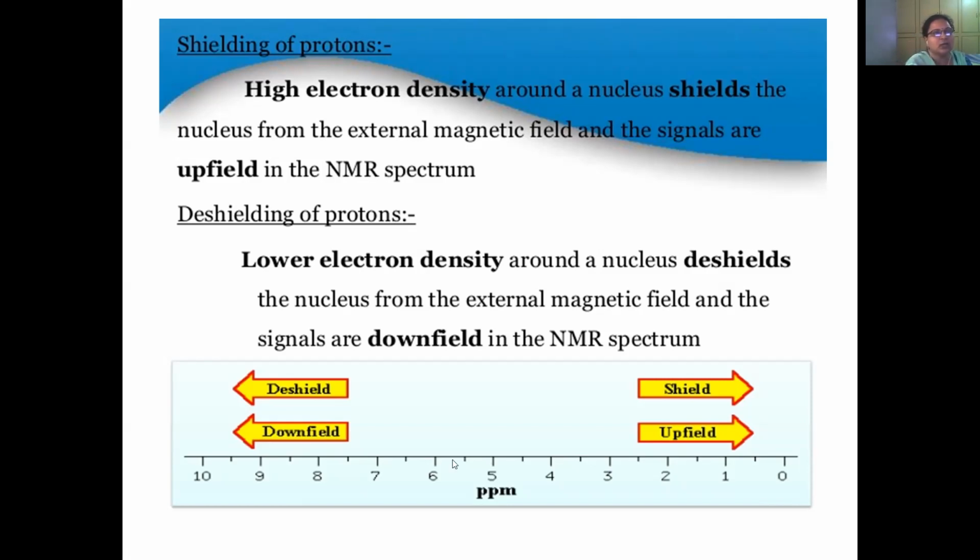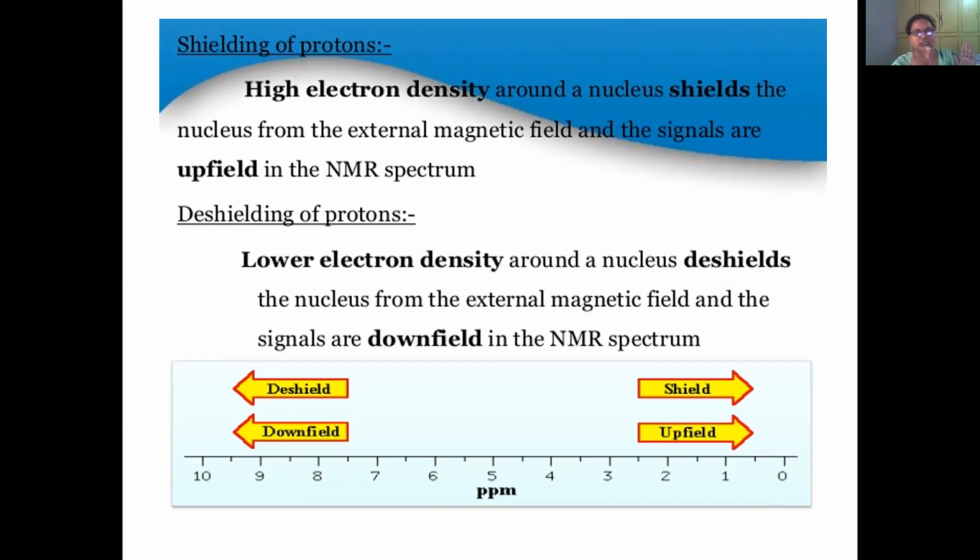In an NMR spectrum, the right hand side is called upfield and the left hand side is called downfield. So whenever you see upfield regions, think that shielding is taking place.